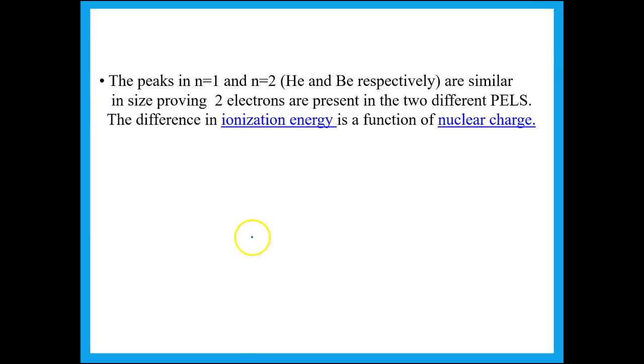When we talk about the s electrons, we saw that those peaks were the same because they all had 2 electrons. But there's a difference in ionization energy because of the Z effective. Remember the nuclear charge. The effective nuclear charge makes a difference. The higher it goes, the closer it pulls, which means those electrons are going to be harder to take away.